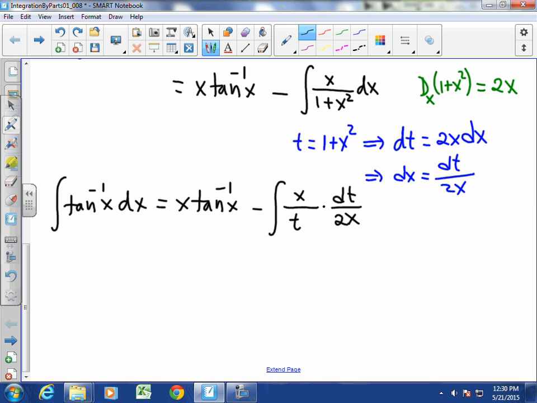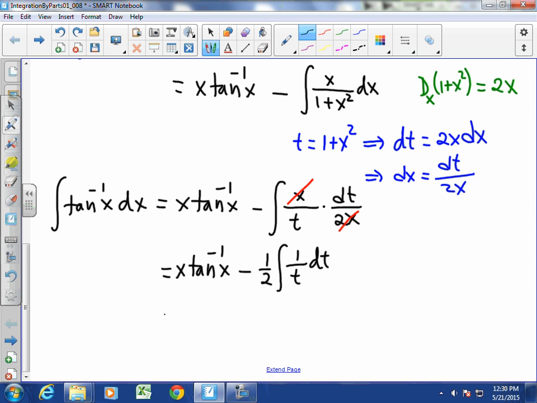Now we can cancel out x and x, and we obtain x tangent inverse of x minus 1/2, bringing the 1 that is underneath dt to the front, 1 over t dt.